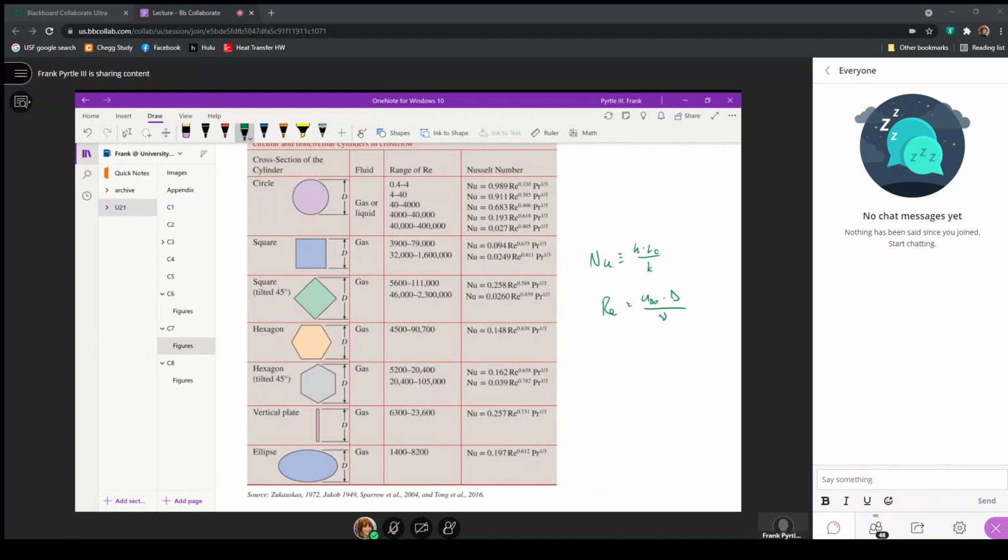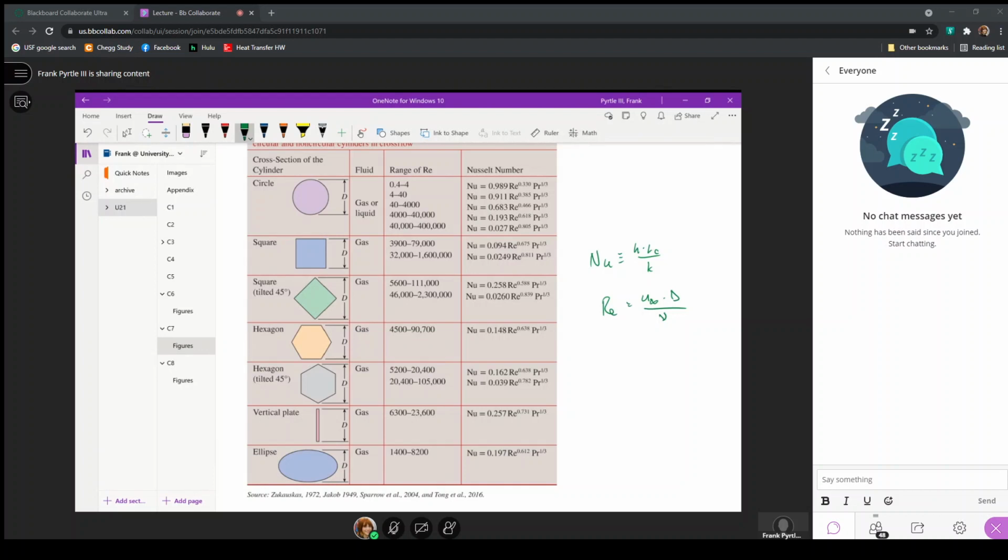So if you're looking for an average heat transfer coefficient over any of these shapes, the diameter used to calculate the Reynolds number would be the length. Here, this would just be the length of a side of the square.